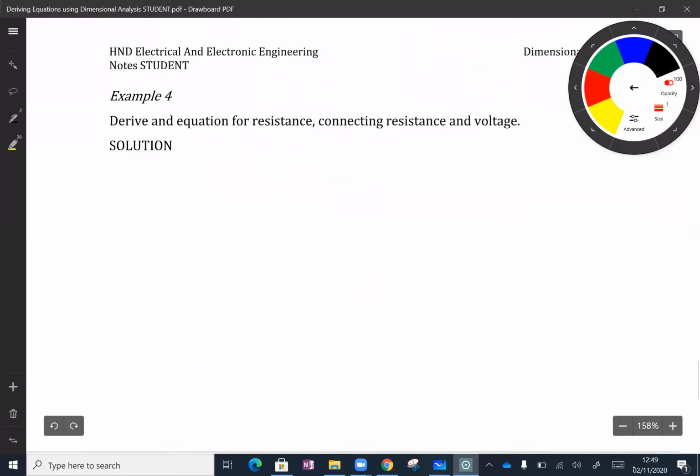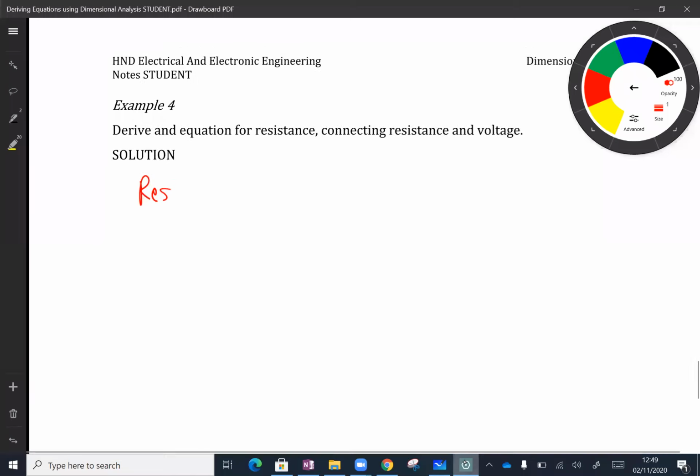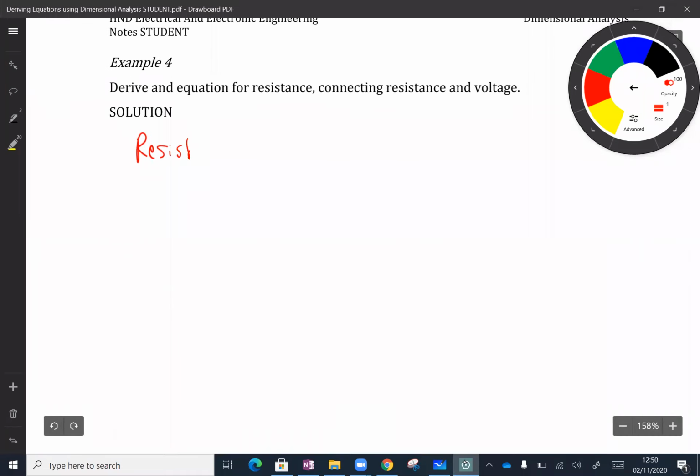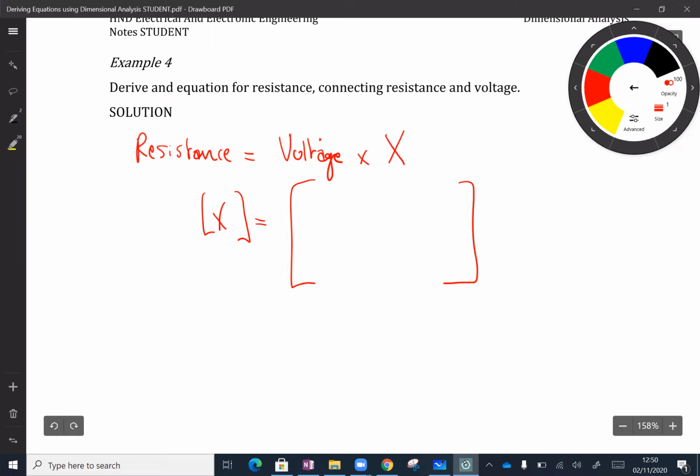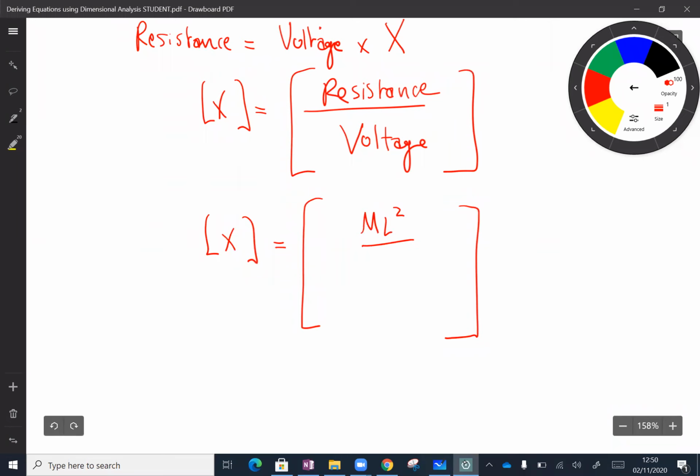Example 4, resistance and voltage. Resistance equals voltage times an unknown quantity, let's call it X. The unknown quantity X has the dimensions of resistance over voltage. Using the table at the front of these notes, that's ML squared over Q squared T over ML squared over QT squared.